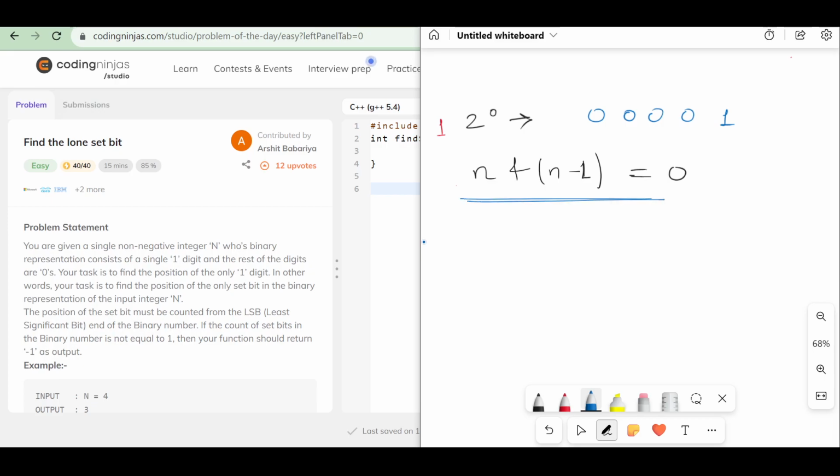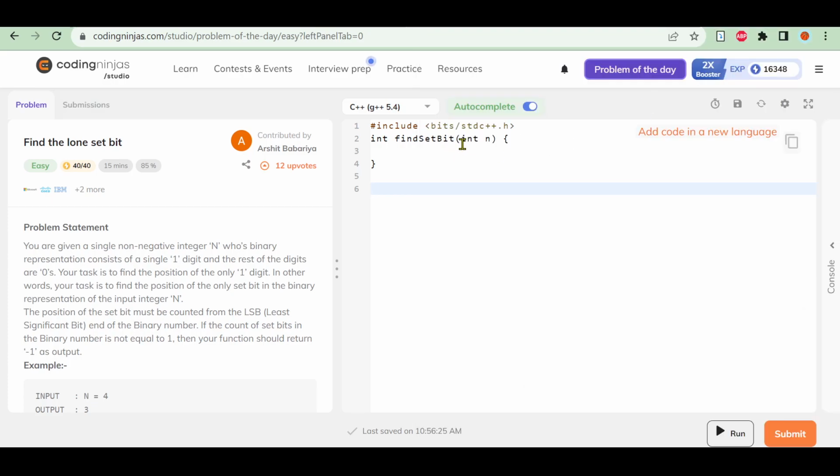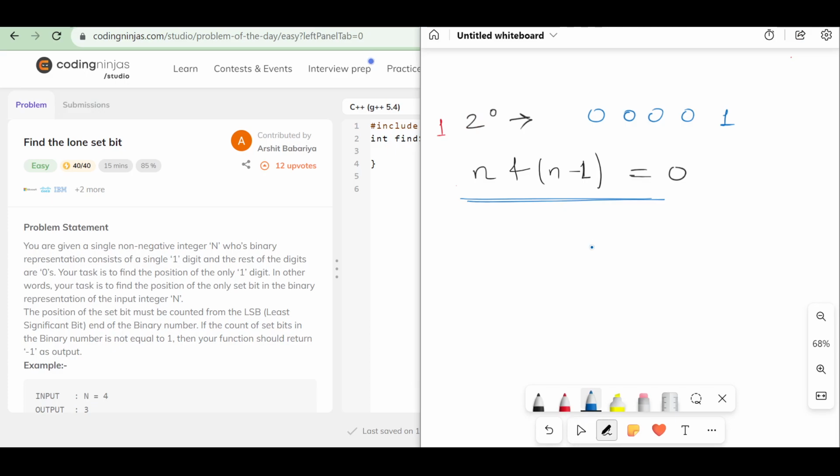Now after checking this, if it comes to be 0, then we'll find out the position of the only set bit. You must notice here that we are given an integer number, and we know that an integer is 4 bytes in size, equivalent to 32 bits.